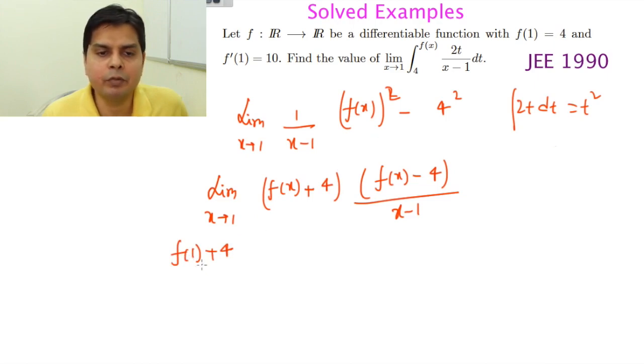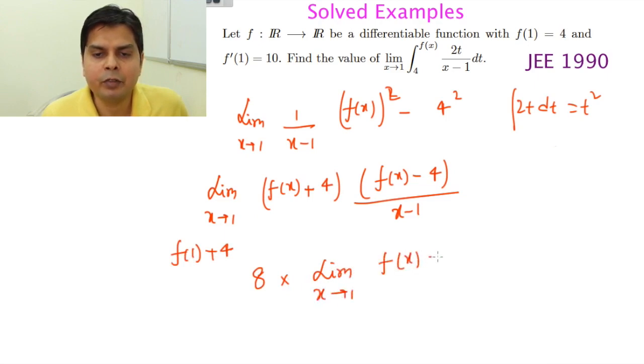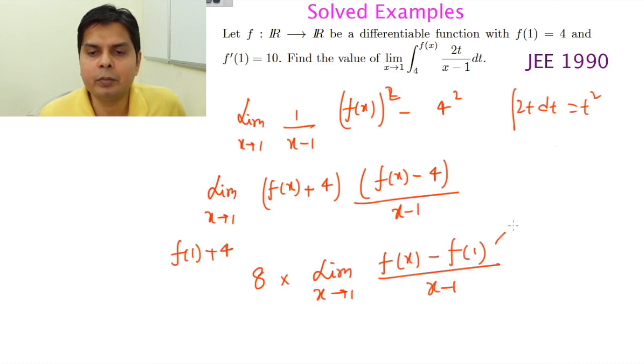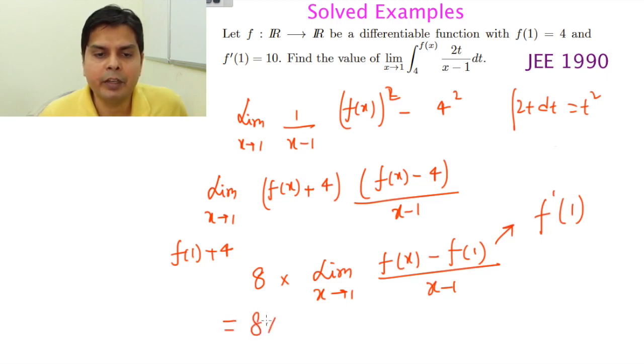What is f(1)? f(1) is 4, so this will become 4 plus 4, 8. So it will become 8 into limit x tends to 1 of f(x) minus f(1), because 4 is f(1), divided by x minus 1. Now what is this whole thing? This is nothing but f prime 1, and f prime 1 is 10. So the answer will be 8 into 10, 80.